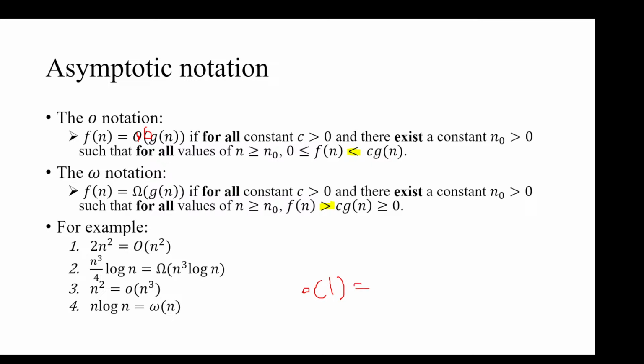So maybe you have like 1 over n is small o(1), right? It's less than any constant when n goes to infinity, but not exactly 0. And also small omega(1) is a little less common, but also common. Okay, so you can also have small omega(1), maybe like just log n.